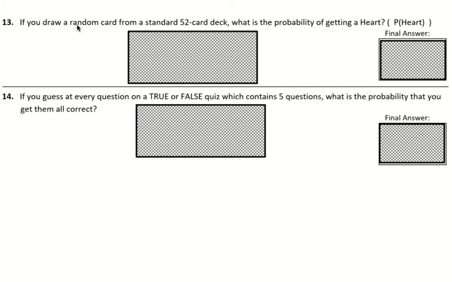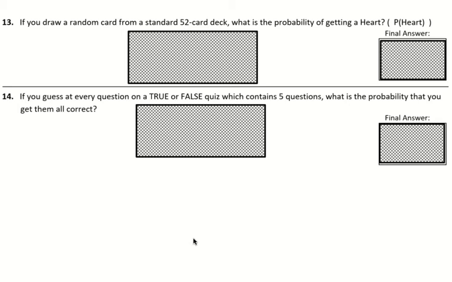Number 13, if you draw a random card from a standard 52 card deck, what is the probability of getting a heart? Well, if you need a little lifeline during the test, I don't expect you to definitely know how many hearts are in a deck of cards. If you need to ask me during the test, that is fine.